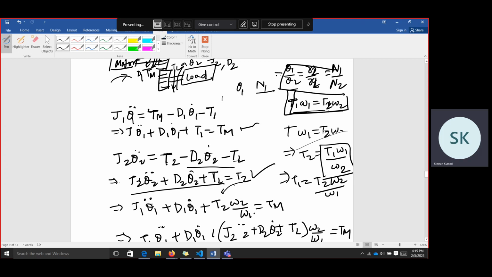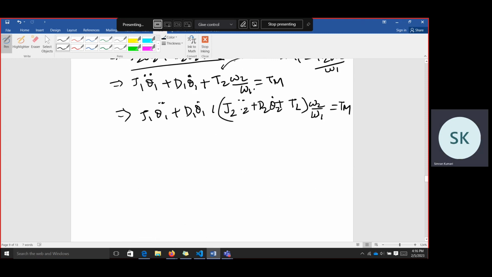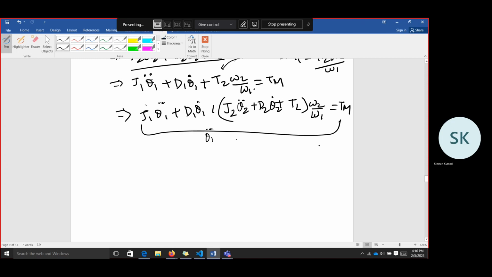So if theta 1 by theta 2 is this one, then we can also write the same for omega 1 by omega 2 and theta 1 double dot, or we can say alpha 1 by alpha 2, which is angular acceleration. And we just have to replace this in this one. Then we'll get everything in terms of theta 1 double dot if we replace theta 2 double dot by that one. Whatever dynamic equation we get will be from the source side.